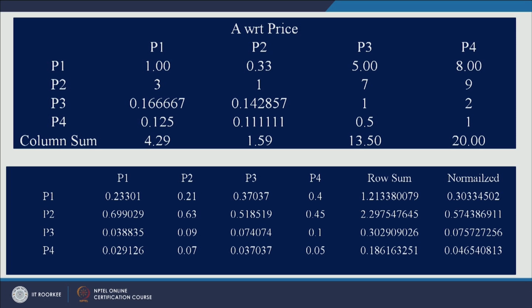Yes, the most important project is P2 because the weight is 0.574. After this, the most important project is 0.30, right, then 0.075, then 0.046, right. Similarly, for other two criteria you can calculate these normalized scores, right.